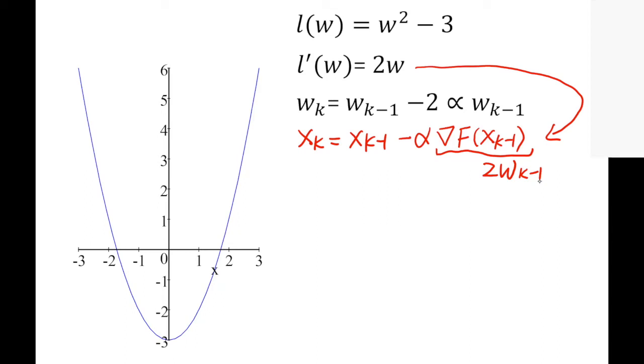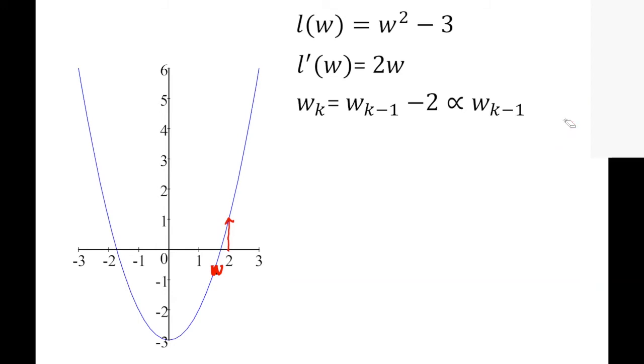So let's look at this a little more concretely. Assuming I'm at, this is not x, this is actually w. So when w equals 2, what is the gradient? I'm going to get this out because we already derived it.